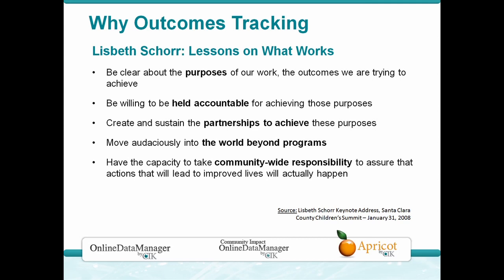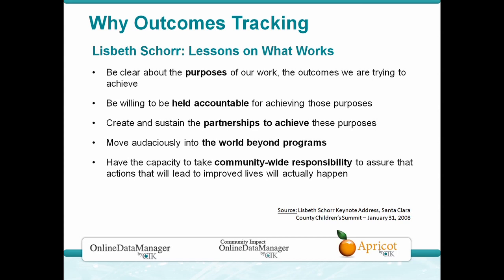And we also need to be willing to be held accountable for achieving those purposes, which is why community impact and outcome tracking is so important. And to create and sustain the partnerships, we need to share information. We need to move audaciously into the world beyond programs, understanding that to achieve impact, we need both programs and community being involved.